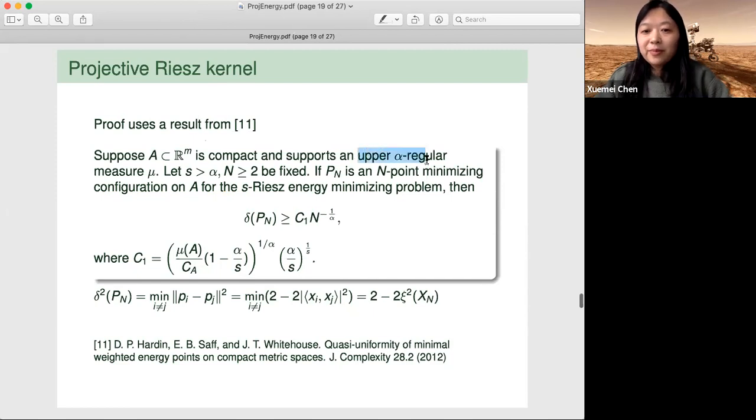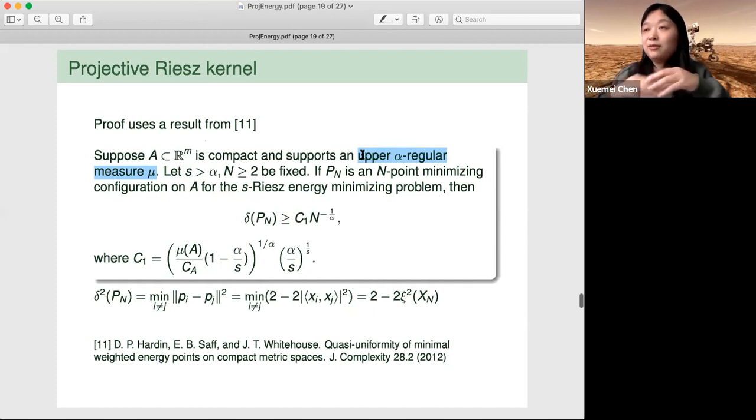So right, maybe I can go into this a little bit. Here I put what we call upper alpha regular measure. Basically the measure of a ball should be bounded above by the volume of a ball with radius, or something like that.